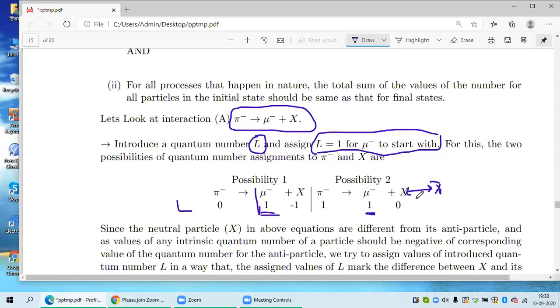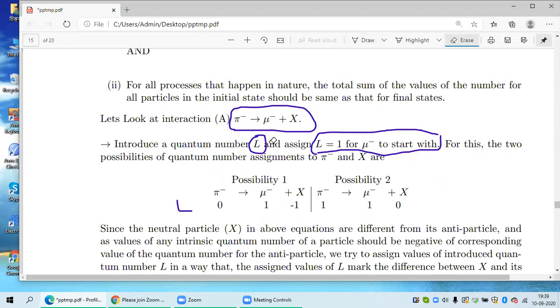But we want L to make this neutral particle distinguishable from its antiparticle in terms of quantum numbers. For that reason, possibility 1 is more favorable. Otherwise, you have to choose another quantum number to make the distinction, and that quantum number should have this kind of possibility. Is it clear to everybody?